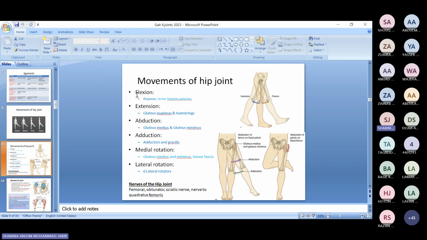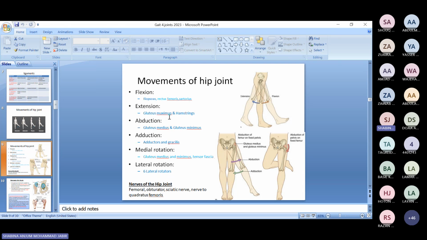Now you should be able to tell which muscles are responsible for movement. For flexion, the chief muscle is iliopsoas, then rectus femoris and sartorius will also help. For extension, what is the chief muscle?